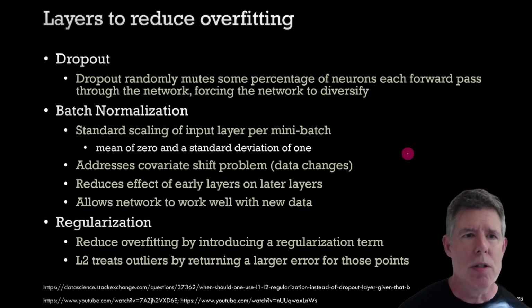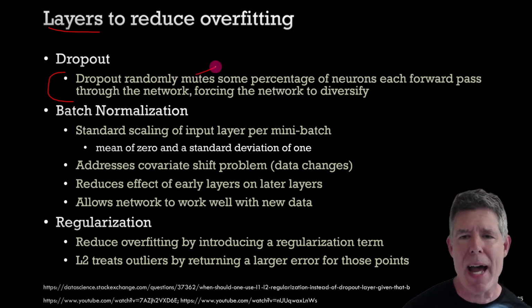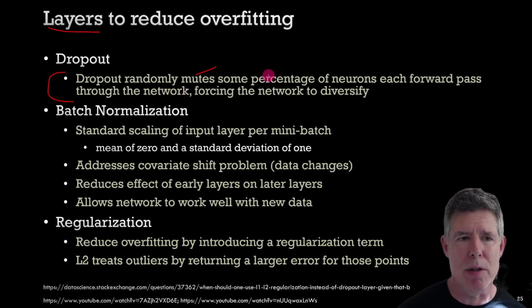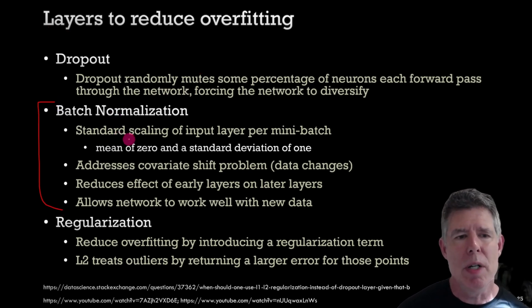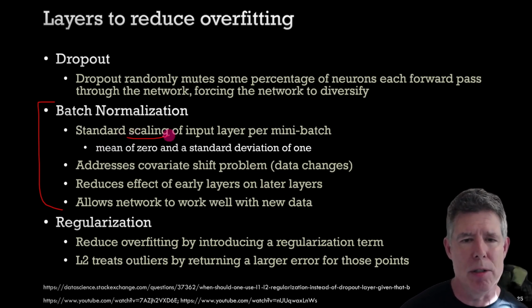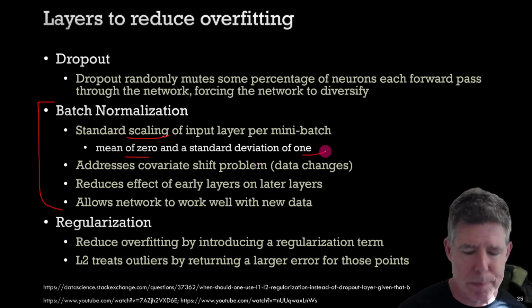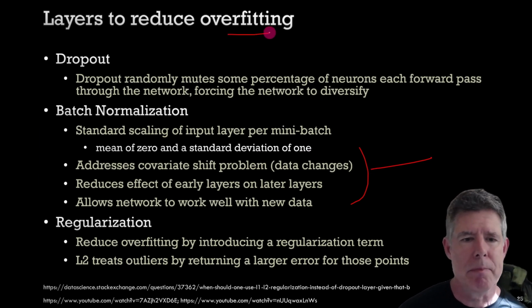People often use L2 regularization. So a little bit about these extra layers that we've added. We have dropout. It randomly mutes or reduces the impact of some of the neurons. You can specify the percentage. I think 0.1 was the value used in the example. You can have batch normalization, which converts the values in the network to a standard scale. Mean is 0 and standard deviation of 1. And this, through various ways, can reduce overfitting.